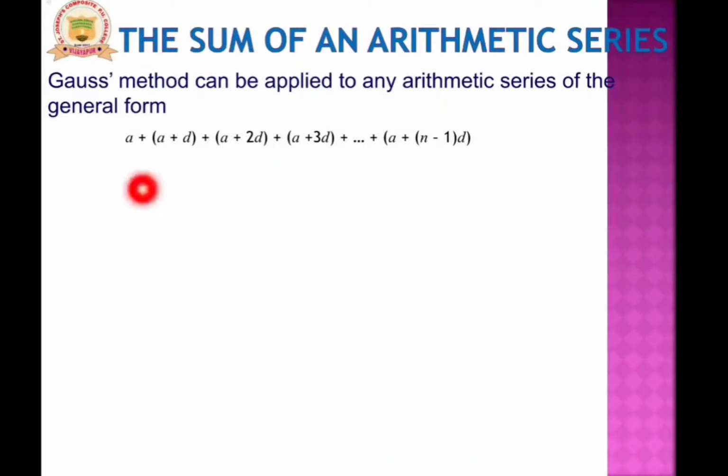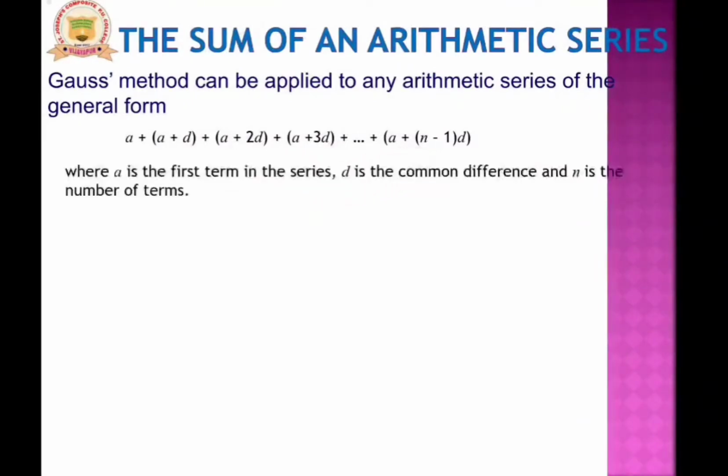See here, a plus d plus a plus 2d plus a plus 3d plus so on plus a plus n minus 1 into d, where a is the first term, a plus d will be the second term, a plus 2d is the third term, a plus 3d is the fourth term, so on, a plus n minus 1 into d is the last nth term, where a is the first term in the series, d is the common difference and n is the number of terms.